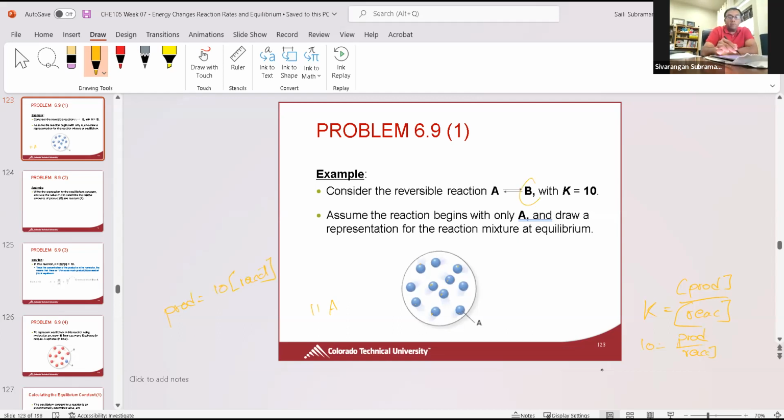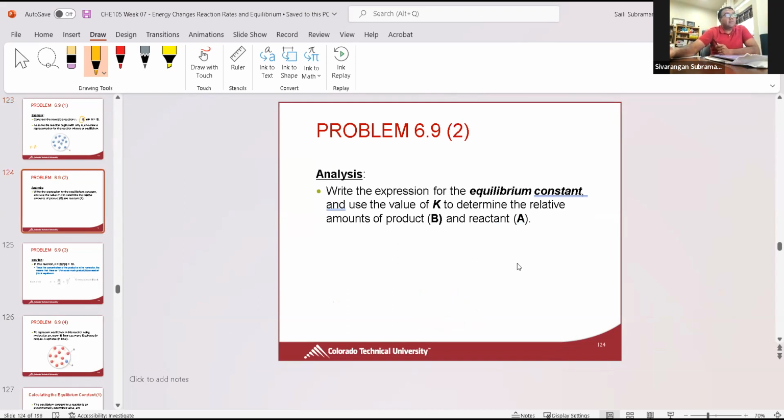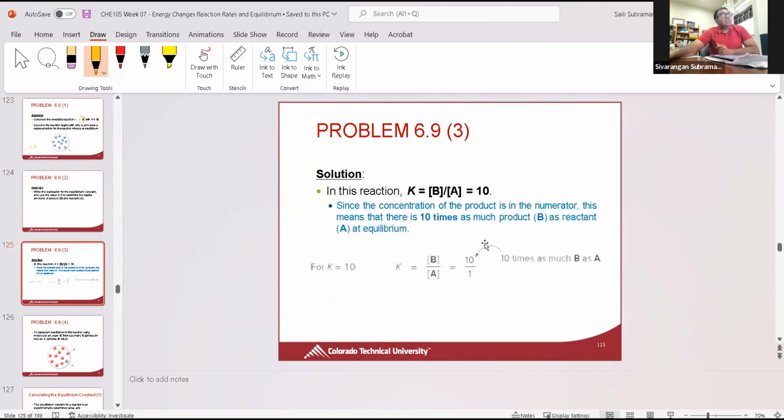So if you were to indicate the product by a different color, red, you know that at equilibrium you should have 10 times more molecules compared to the reactants. That's what is indicated in the graphical art. K is equal to 10 over 1.